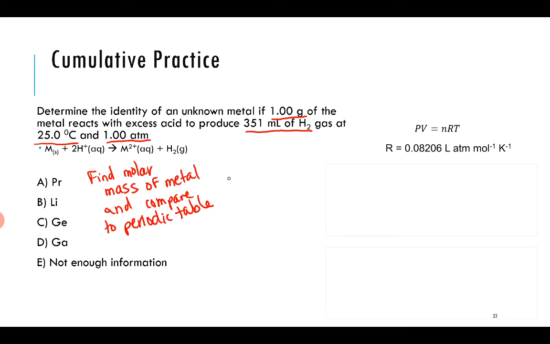But how are we going to find molar mass? Well, molar mass has units of grams per mole. We are given grams, and so we would need to find moles of metal.